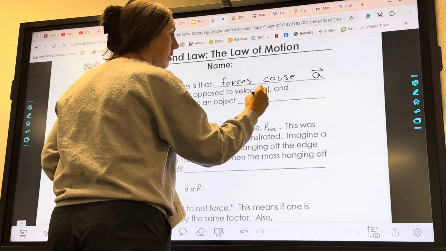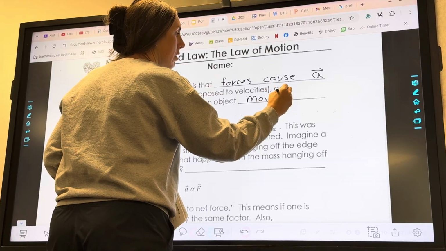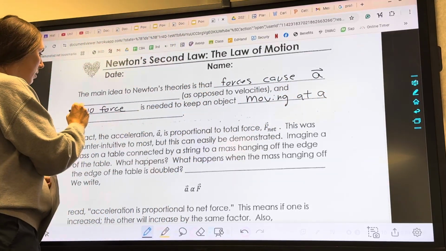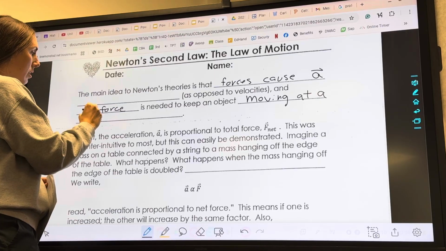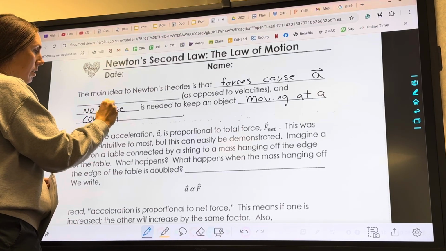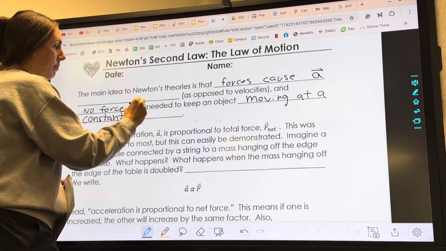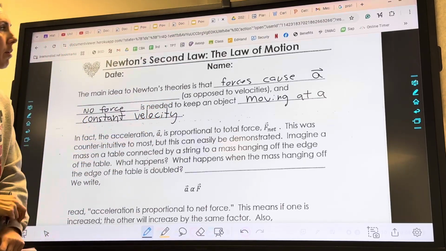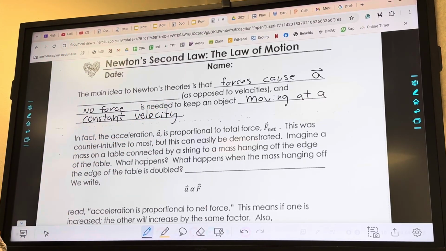Moving at a constant velocity. Okay. And so now we're going to talk about those factors.